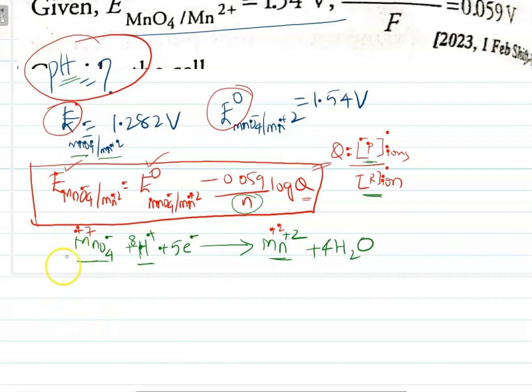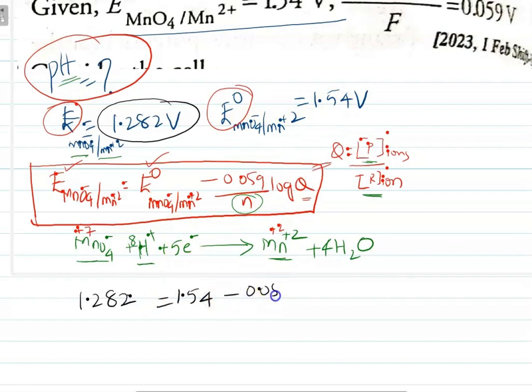So let's substitute. E of MnO4 is given as 1.282, which is equal to E naught, also given as 1.54, minus 0.0591 by n. n is how much? 5 electrons. So 5, log of the concentration of product ions, Mn plus 2, by the concentration of reactant ions.